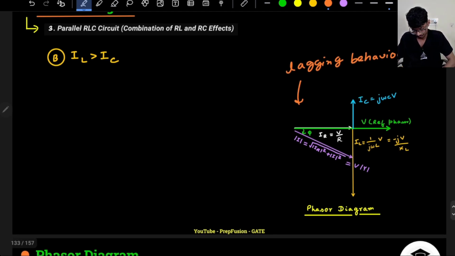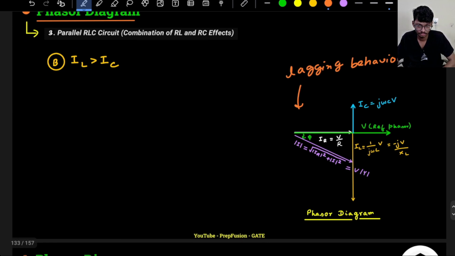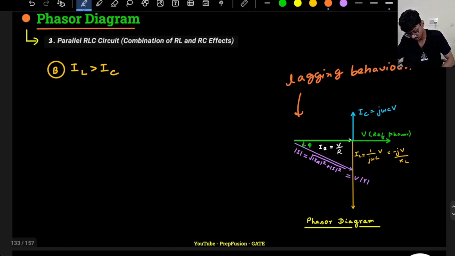Here, the magnitude of I is the same. My I is basically IR plus j, this time IL will be higher, so it will be IR plus j times the magnitude of IC minus the magnitude of IL.